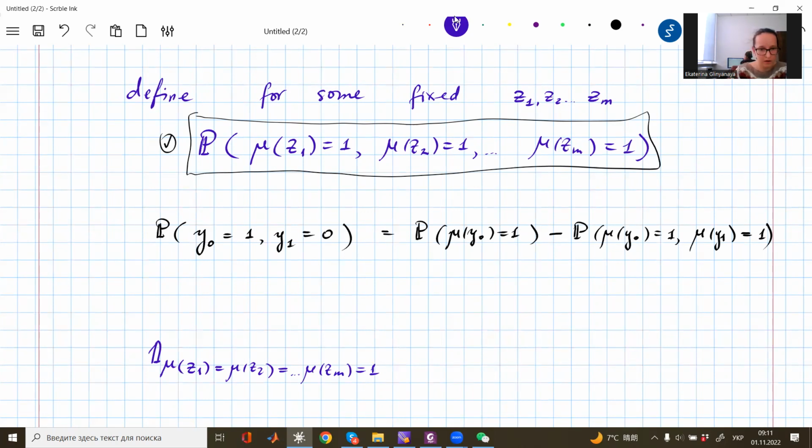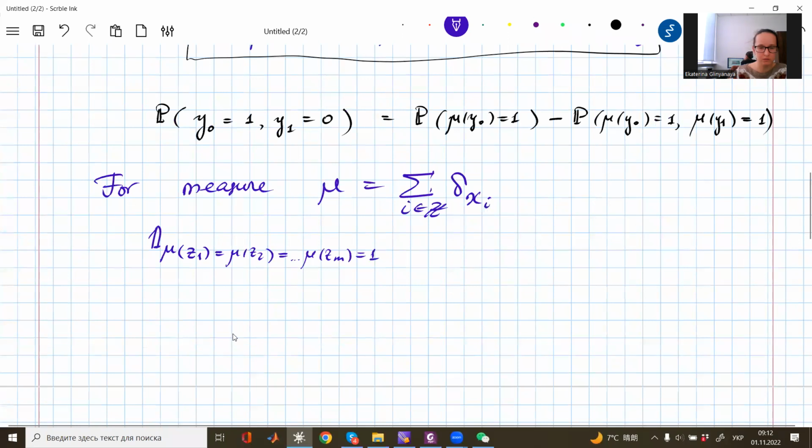And I recall that for a measure mu of the form sum of delta at the points xi, i from Z. So I have these points, and let me.